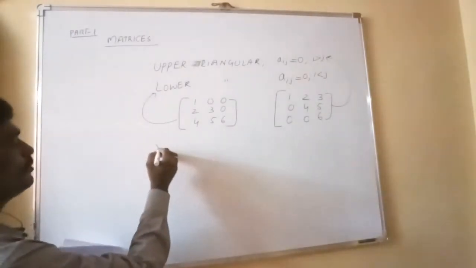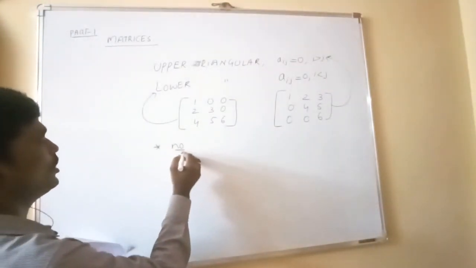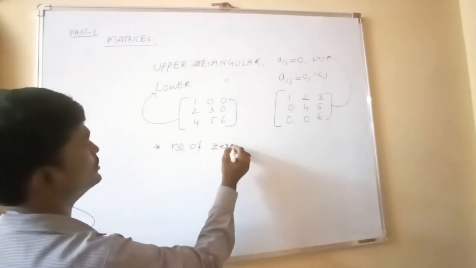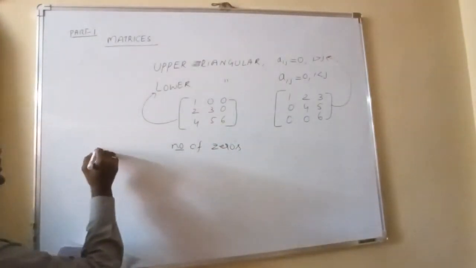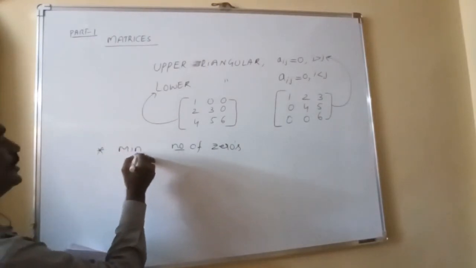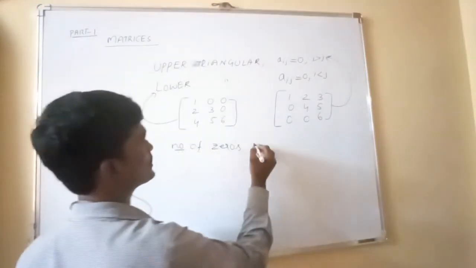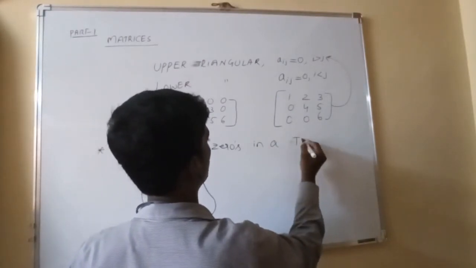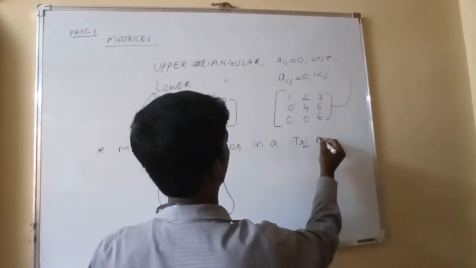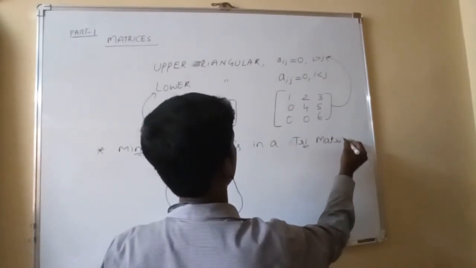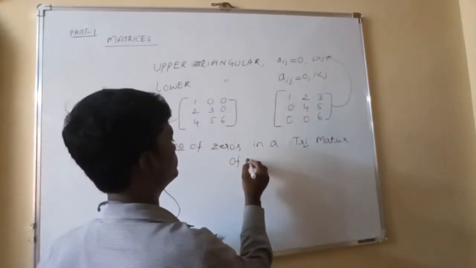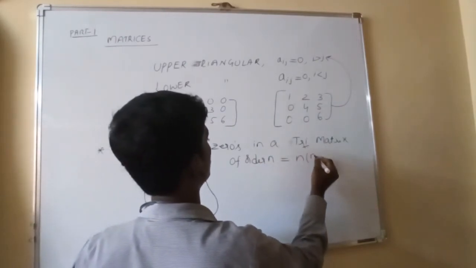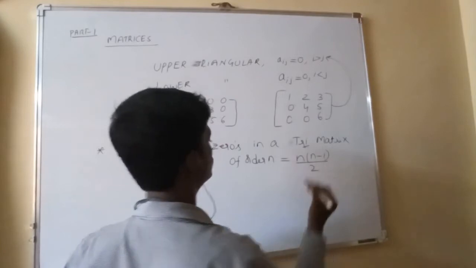Another important point is the number of zeros. The minimum number of zeros in a triangular matrix of order n is equal to n into n minus 1 by 2.